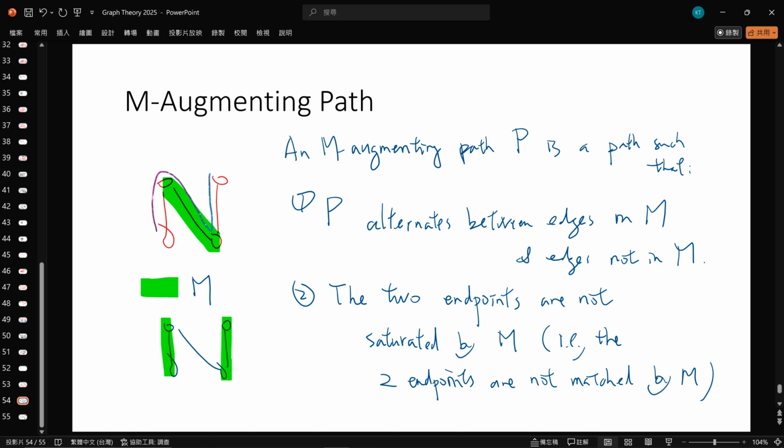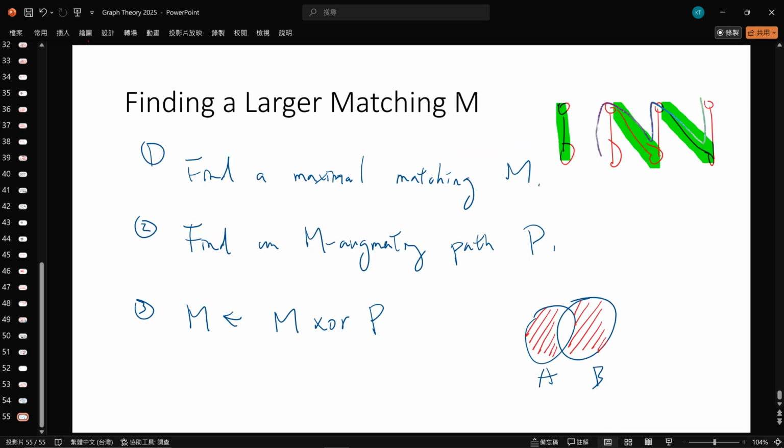Once you have this M augmenting path, you can take the exclusive OR to find the larger matching. When you take the exclusive OR of these two sets, we still have this one, because this edge on the left only appears in the green matching, not on the path.